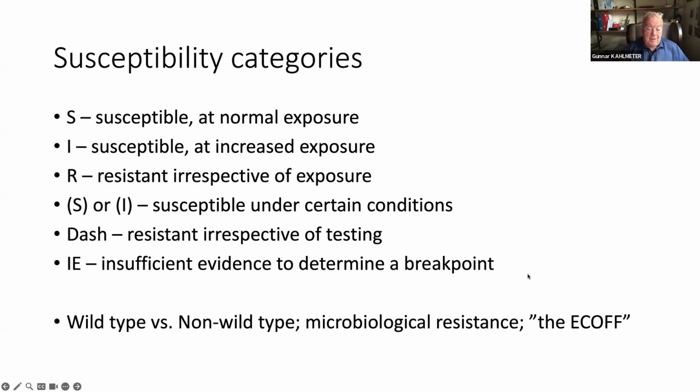Then we talk about wild type versus non-wild type, and the breakpoint, if you like, is a microbiological breakpoint and is called the epidemiological cutoff. And that's what I use very much for determining whether a bug has any resistance mechanisms at all. And I do that before I start advising my clinical colleagues.